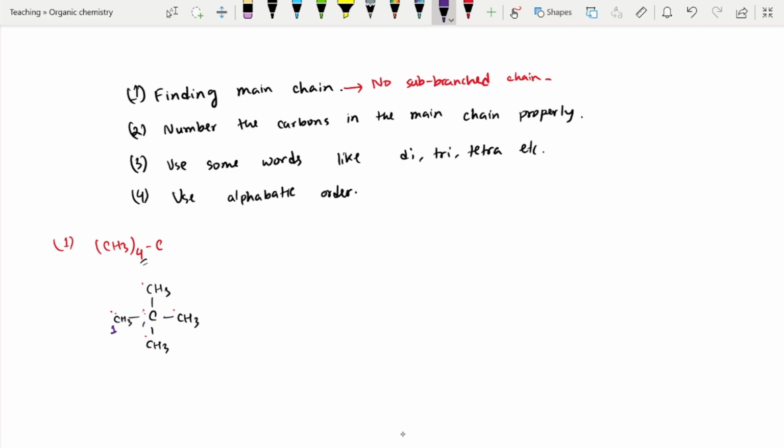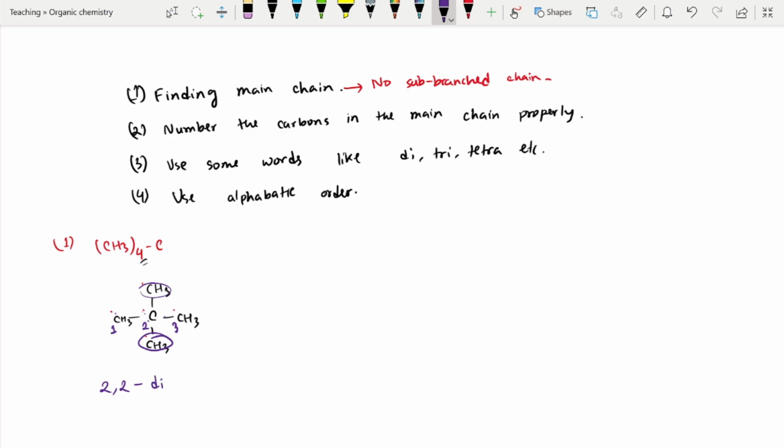So 1, 2, 3. We have numbered. So what will be the name? We have seen two methyl groups on the number 2 carbon, right? So the name will be 2,2 because there are two methyls on the number 2 carbon.